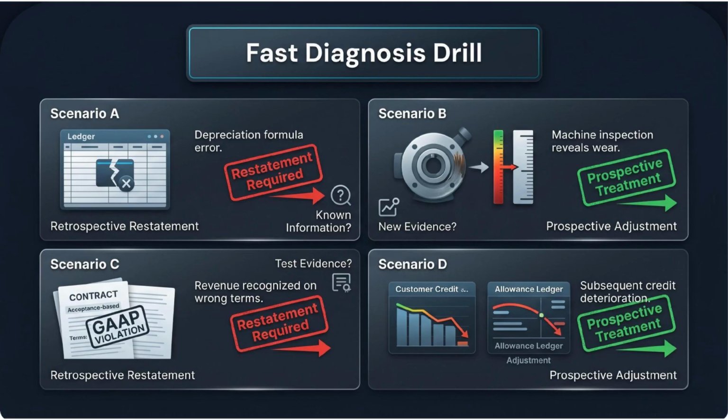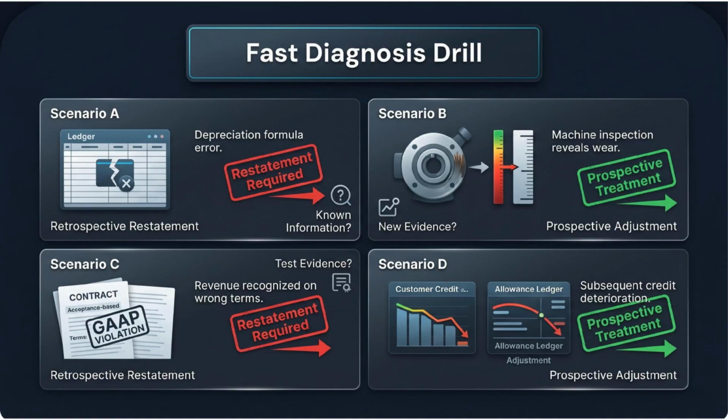Revenue recognized on delivery when the contract required customer acceptance is an error correction because the contract terms were known. A customer's credit rating deteriorating after the receivable was recorded is an estimate change because the deterioration is new information. The test is steady.